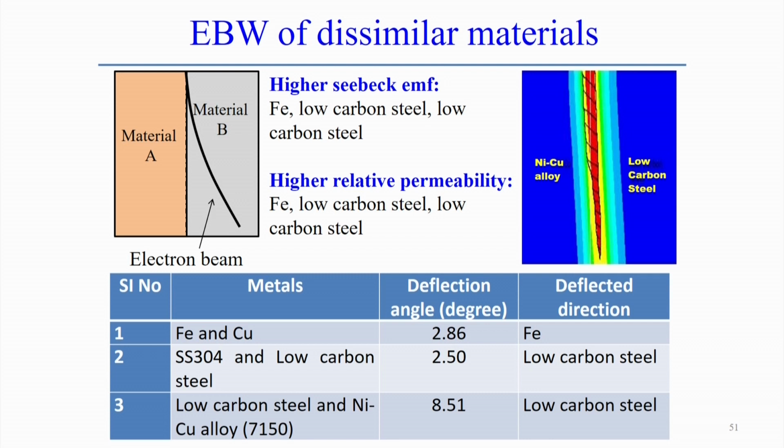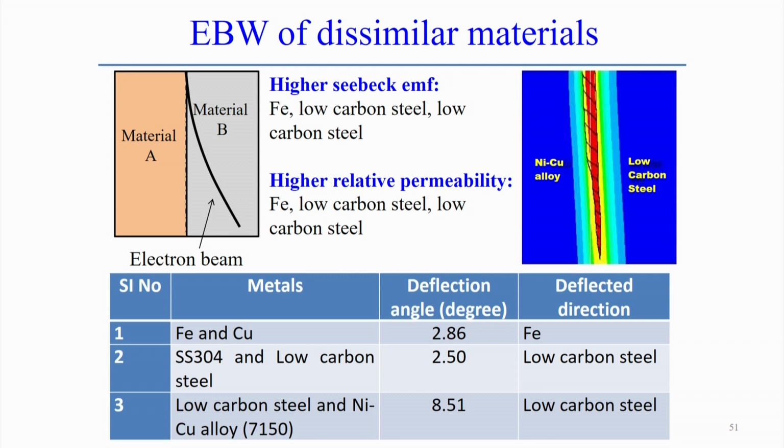So, with higher EMF generation and a high relative magnetic permeability of low carbon steel and iron, in all the cases we found that the beam is deflected either in pure iron or in the low carbon steel, because the relative permeability is higher for these materials.